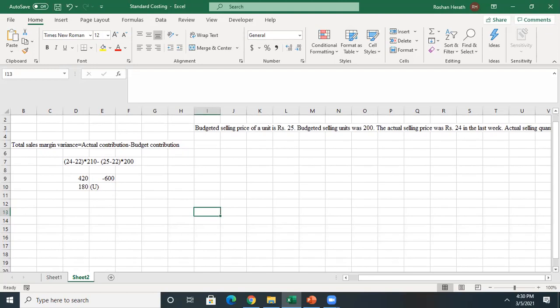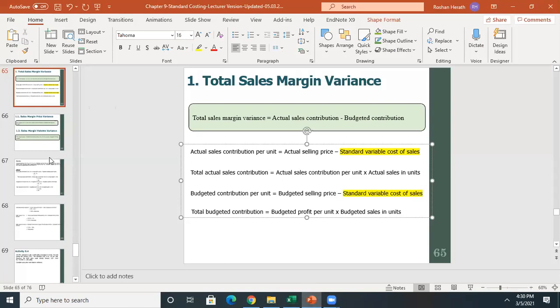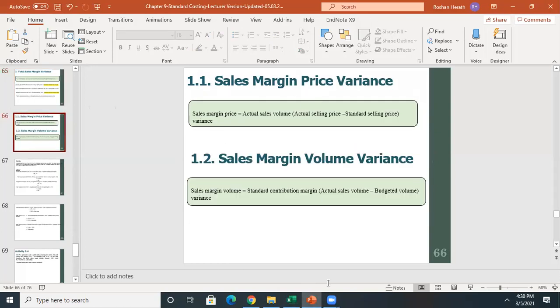Now we are going to split this. It's about the sales margin price variance. Just want to check the terminology. Sales margin price variance.